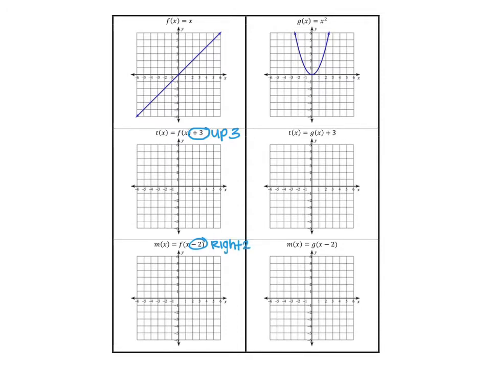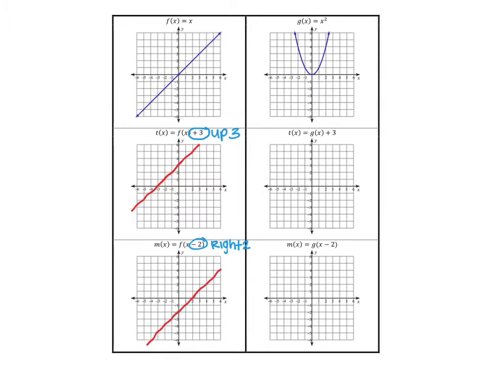So what we're going to do is I'm going to take these graphs and I am going to, for the first part, move them up 3. So every point goes up 3, like so. And then for m of x, I'm going to move everything right 2.